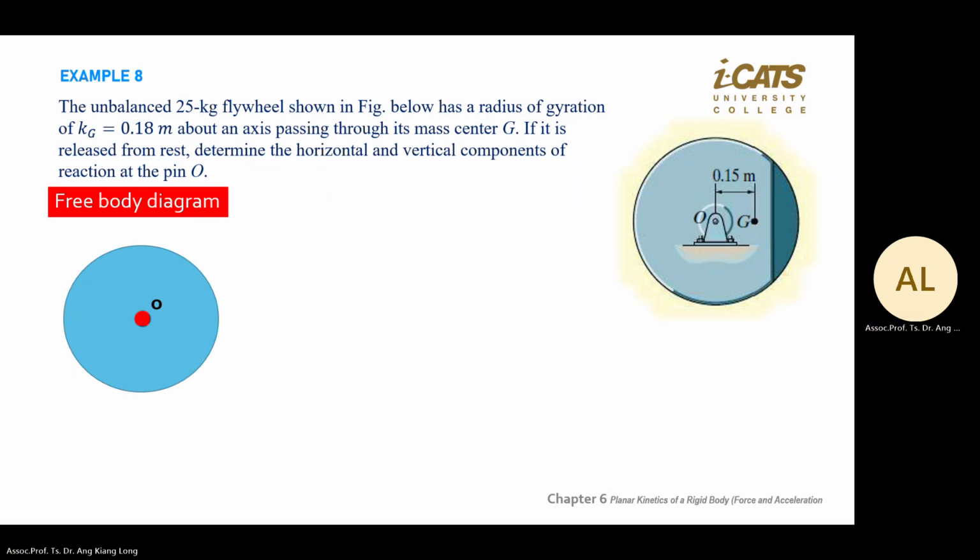So how do you draw the free body diagram from this scenario? When you have a pin, what happens to the round body? How do you draw the force at point O? This one is free to rotate, right? So no moment.